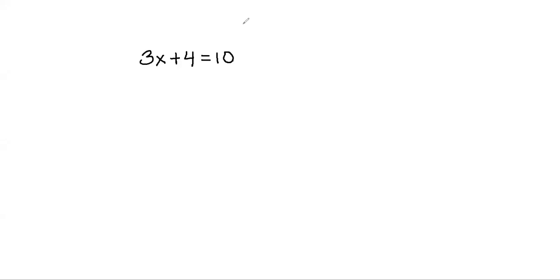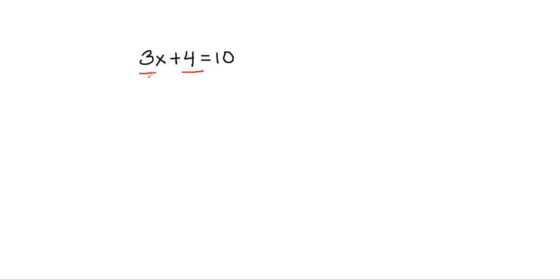Two things that I notice immediately when I'm looking at this equation, 3x plus 4 equals 10, is that we have two things that we need to get rid of. I want to get rid of this positive 4, and I want to get rid of this 3. Now, the positive 4 is just a unit that's attached in the equation, right? But this 3 is what we call a coefficient.